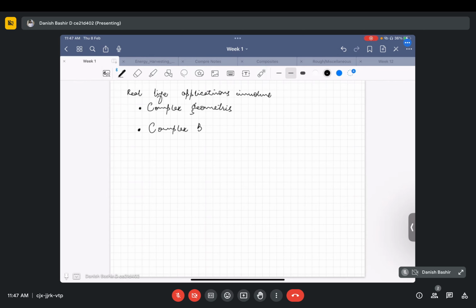Complex boundary conditions. I write boundary conditions as BCs, which are far from the ideal conditions that we assume in our mathematical formulations.